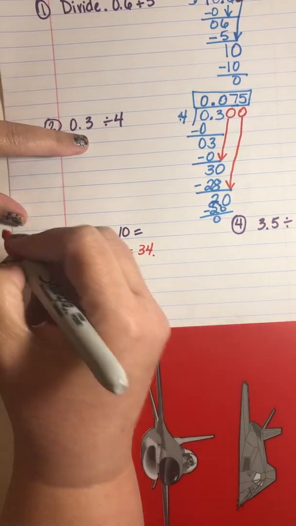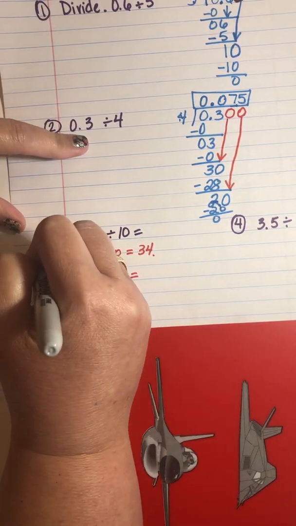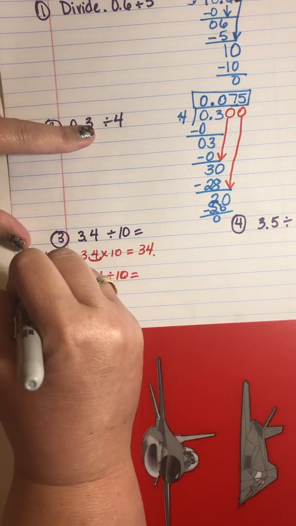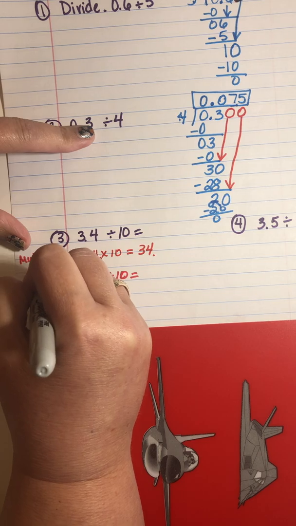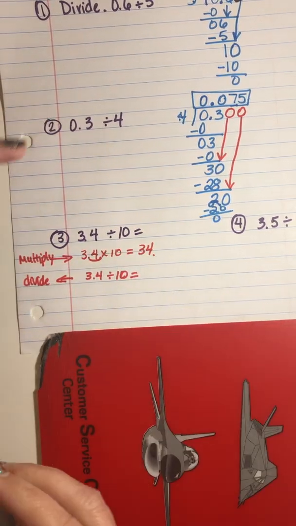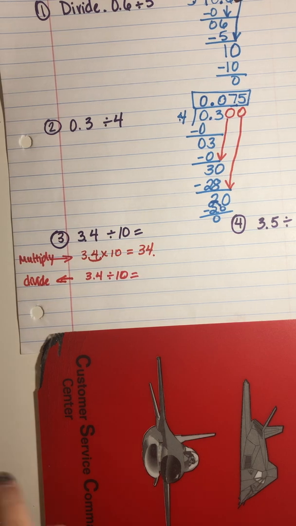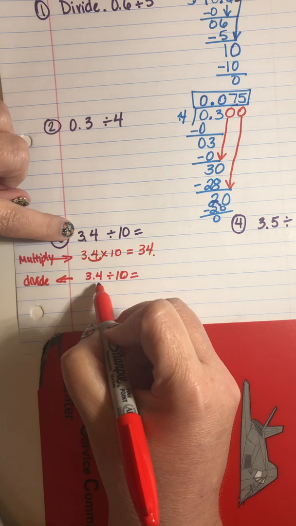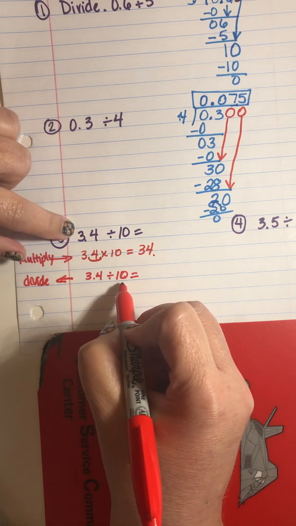Multiplication went to the right. Okay? Multiply, our decimal moved to the right. So divide, it's going to move to the left. So on my original problem, I have 3.4 divided by 10.